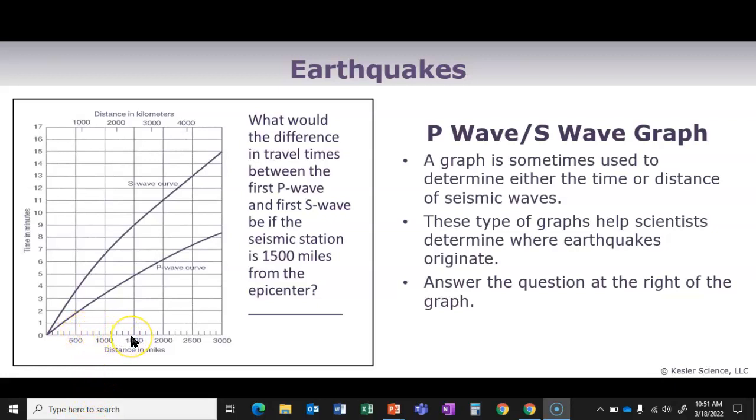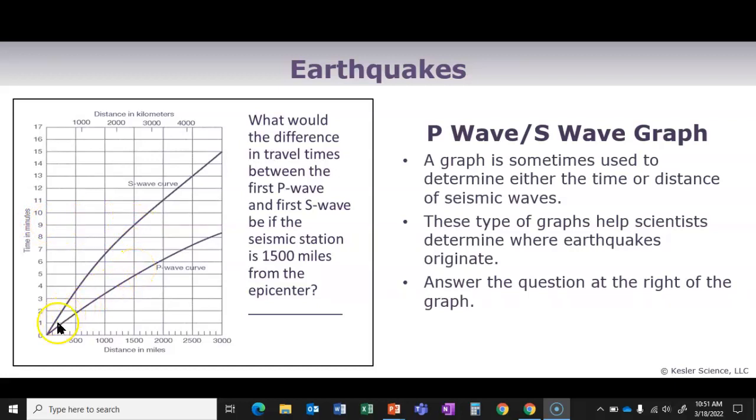But you can see here that if the seismic station is 1,500 miles from the epicenter, if we go up from the 1,500 miles, we see that the P wave took just 5 minutes to get to that particular station. The S wave took 9 minutes to get to that station, so there was a 4-minute difference.